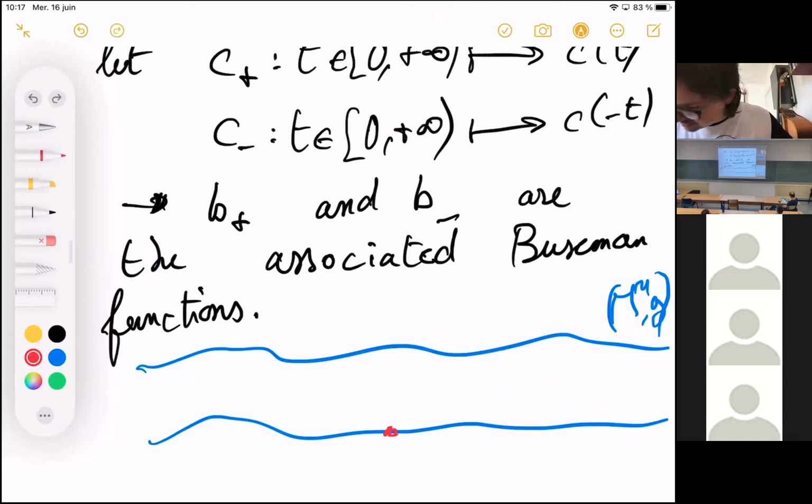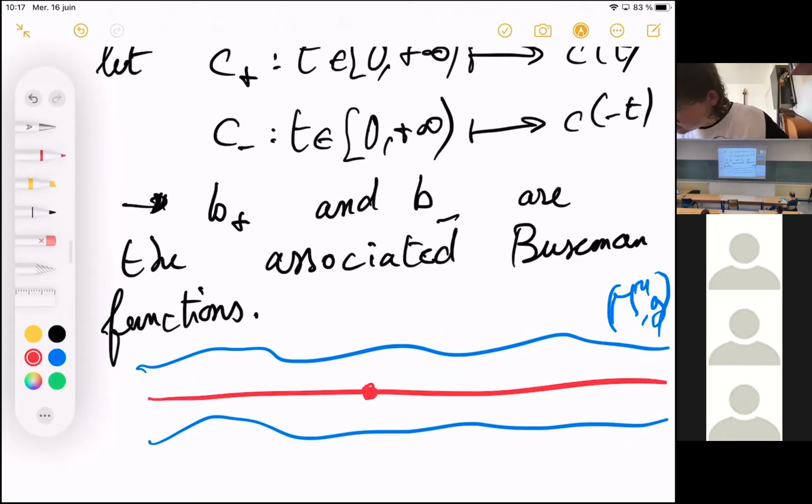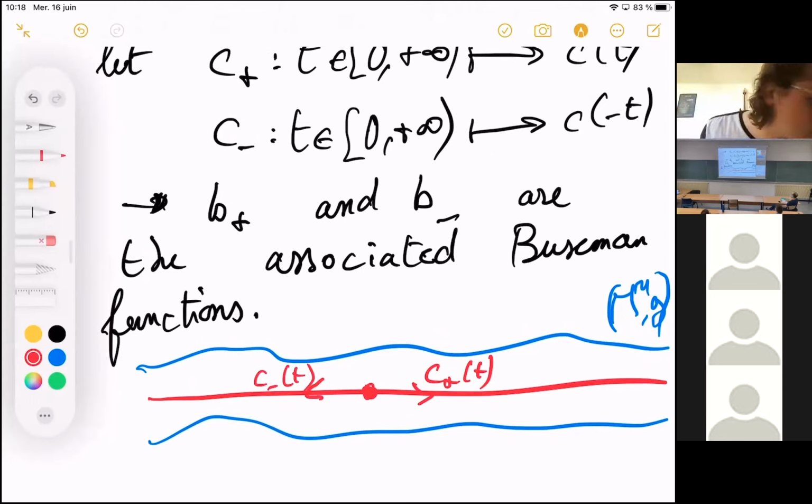We have this line here that we split into C plus of t here and C minus of t in that direction.